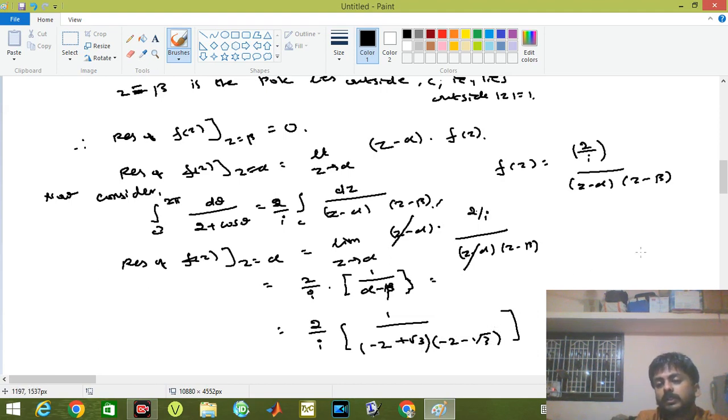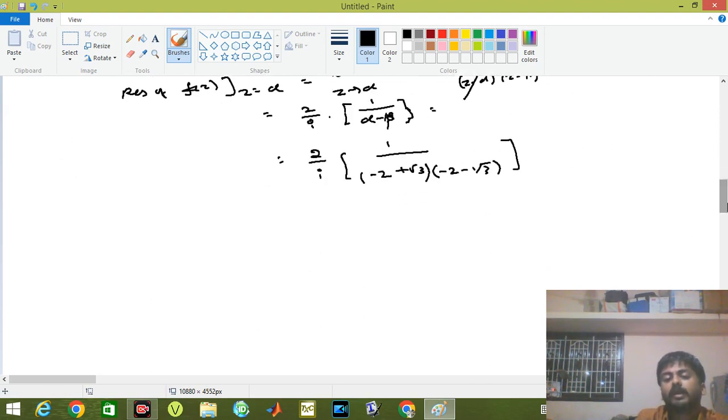So this is now the required thing, but it can be further simplified. That is, we will have 2 divided by i into, minus 2 will become 0, and root 3 minus, in between we will have minus root 3, is 2 root 3.